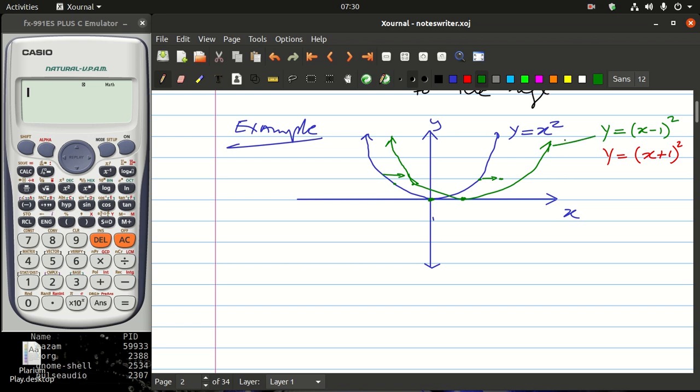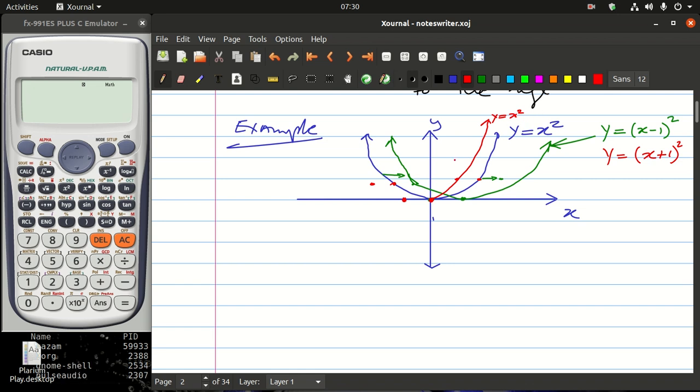So this one here is y is equal to x minus 1 squared. And in this one here, every point in the original equation, you move it 1 unit to the left. This point here, I wanted to move it there. This point here, I wanted to move it to the left. So the new curve that we'll have is going to pass through this, y is equal to x squared.